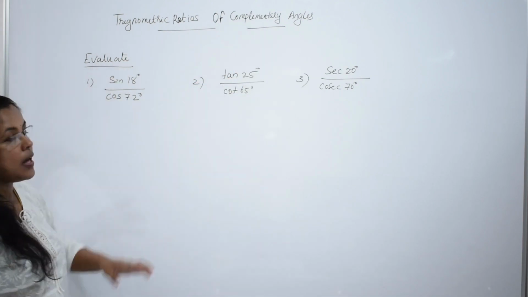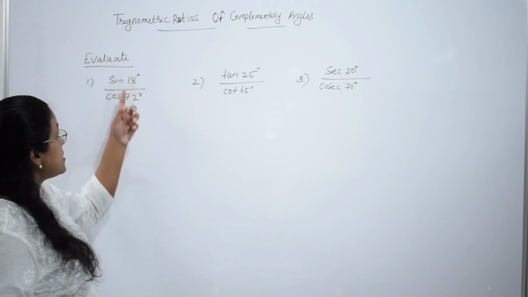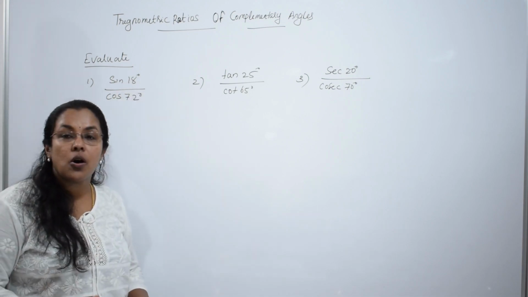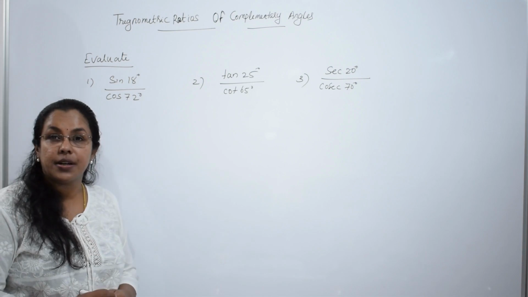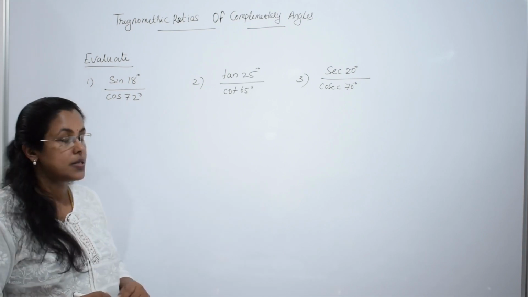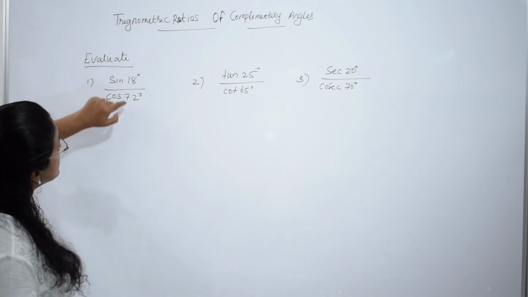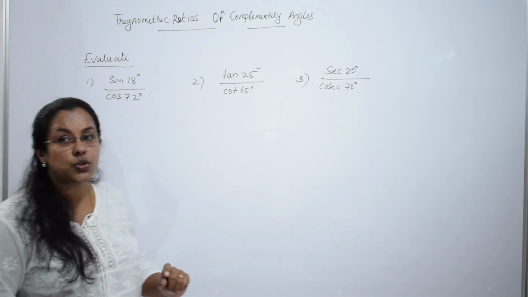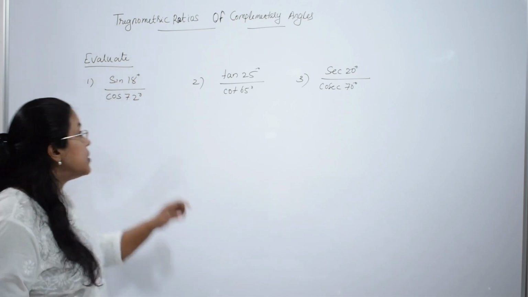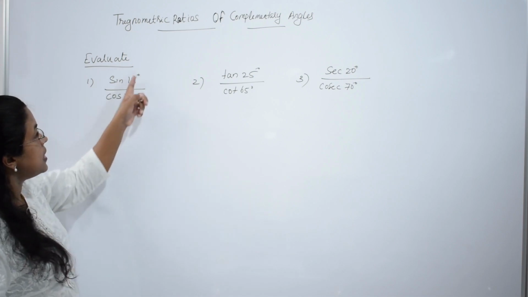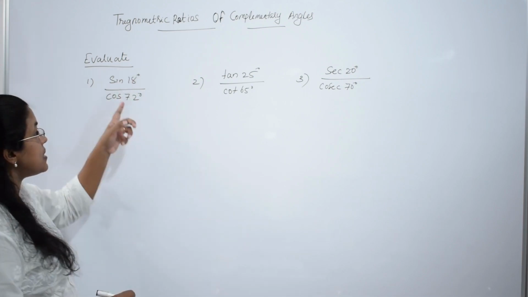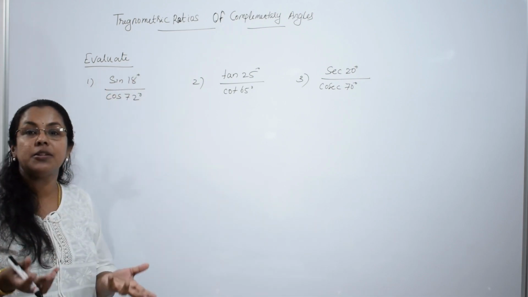First question, evaluate sin 18° upon cos 72°. How can we evaluate this? Look at these two angles, 18 plus 72. What is 18 plus 72? 70 plus 10, 80 plus 10, 90. Means 72 and 18 are complementary angles.